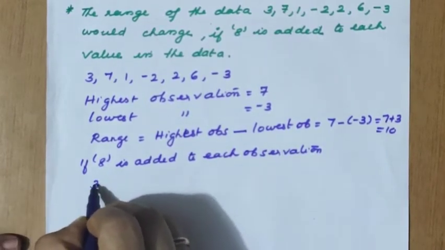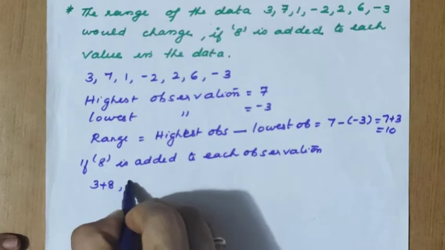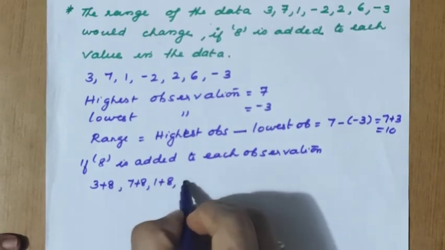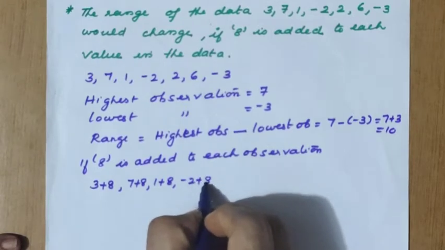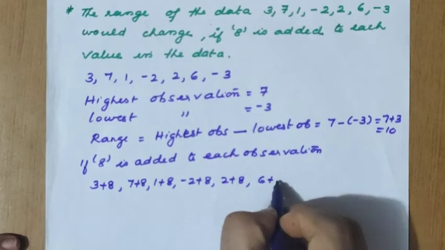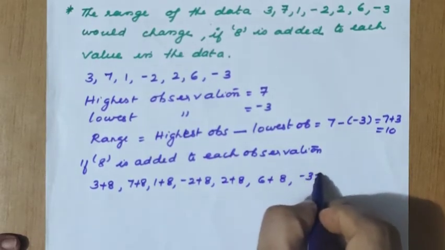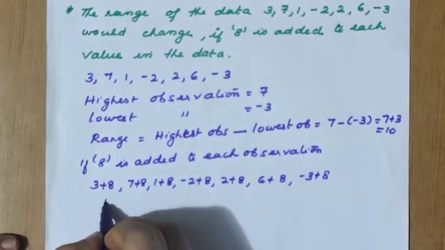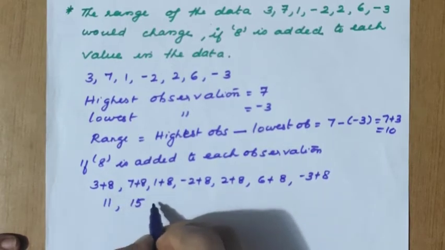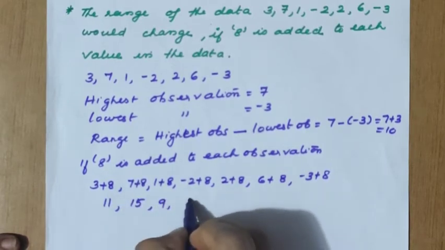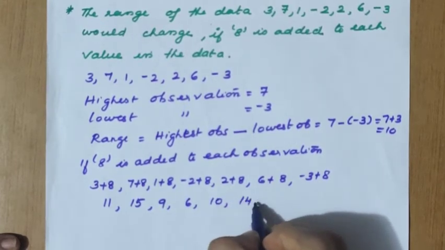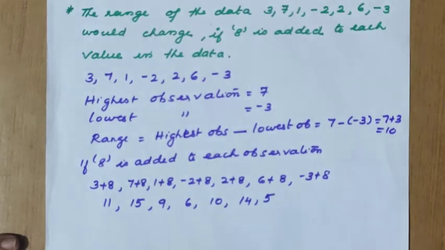First number is 3, 3 plus 8, next 7 plus 8, 1 plus 8, minus 2 plus 8, then 2 plus 8, 6 plus 8, minus 3 plus 8. So 3 plus 8 is 11, 7 plus 8 is 15, 9, 6, 10, 14, then 5.